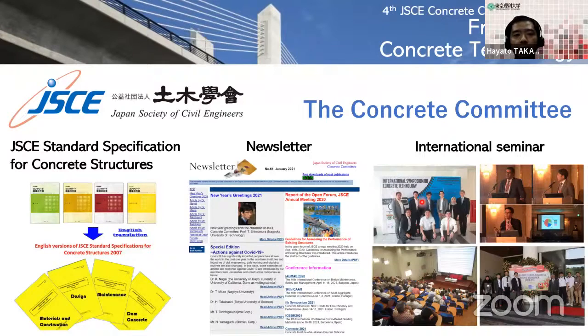Before COVID-19, the seminars were done in the host country, like in these pictures. But in recent days, this has shifted to an online version like this, thanks to IT technology. But actively, we are expanding the recent research activities. So this is a brief introduction of our organization.